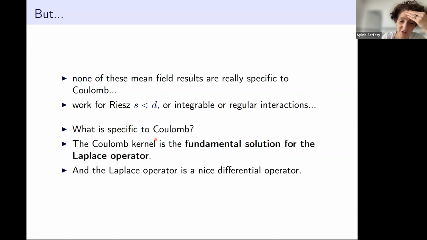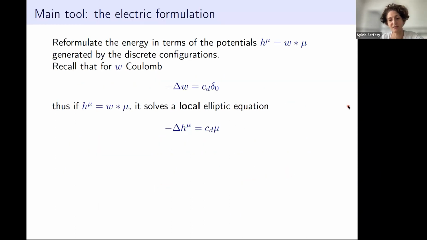So what does it mean that it's a fundamental solution to the Laplacian? Well, it means that when you take the potential, the h mu that I was talking about, it will solve a nice Poisson equation, because the Laplace operator is a differential operator. So the difference between the Coulomb and non-Coulomb case is that when you write h mu, which is W convolved with mu, it solves this equation.